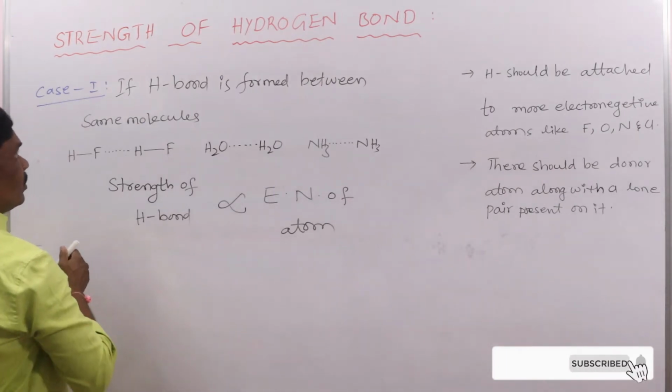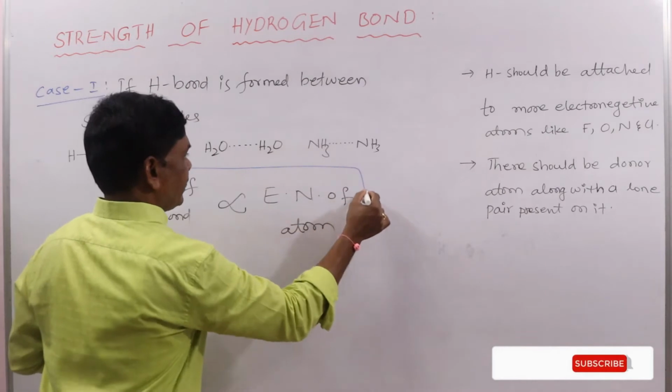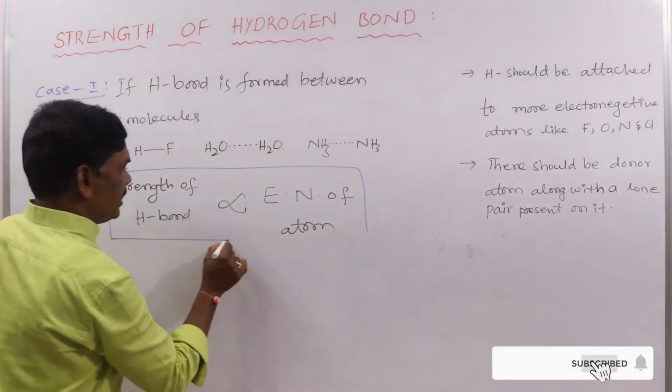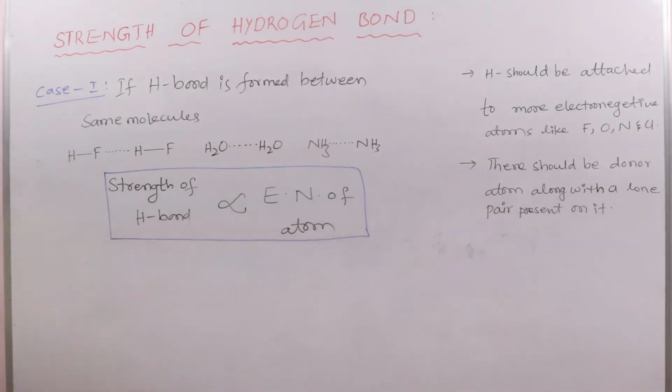So if two molecules are the same, whenever they are involved in the formation of hydrogen bond, based on this we calculate the strength of hydrogen bond.